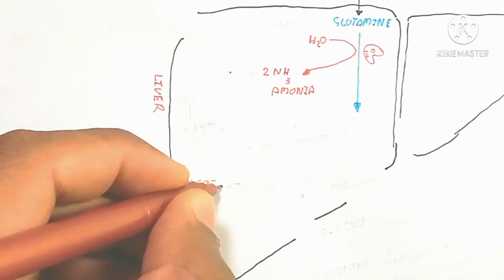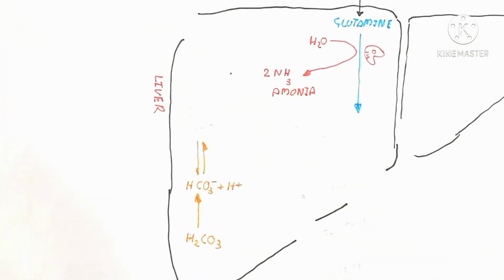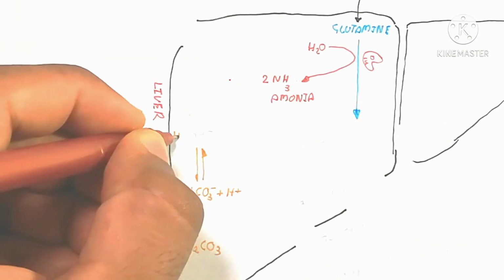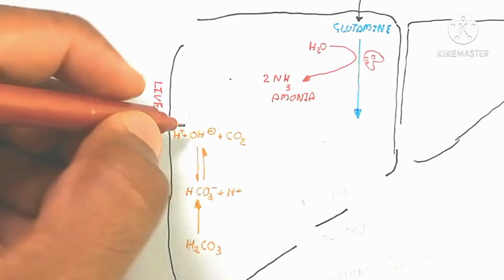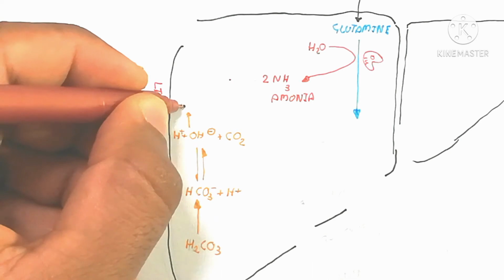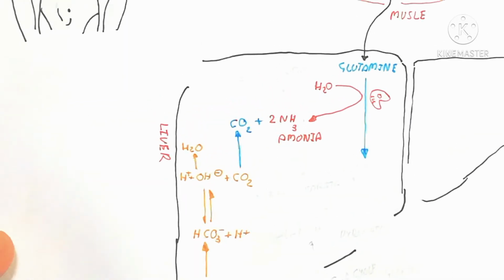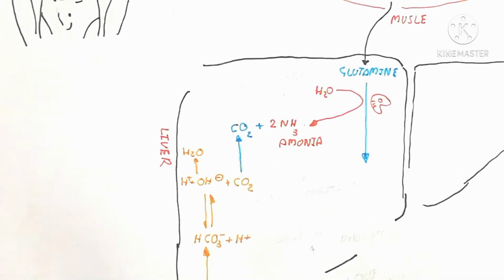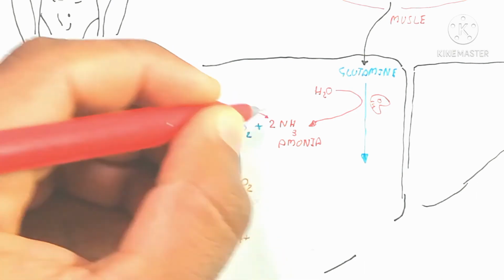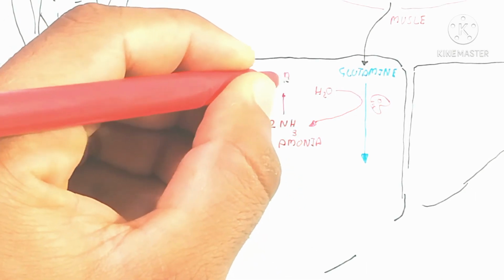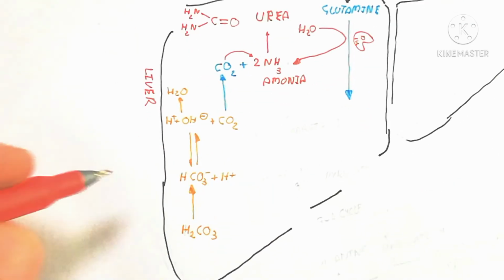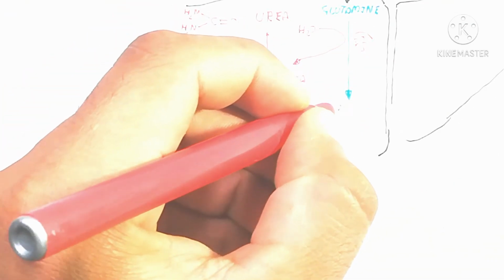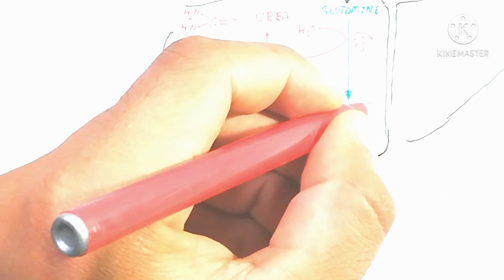So this urea is the product. Here the hydrogen bicarbonate converts into the HCO3 hydrogen carbonate ion, and an acidic medium will be created to decrease the acidity. The carbon dioxide will come from the carbonic acid to attach to the ammonia to produce urea. So this urea will be produced.